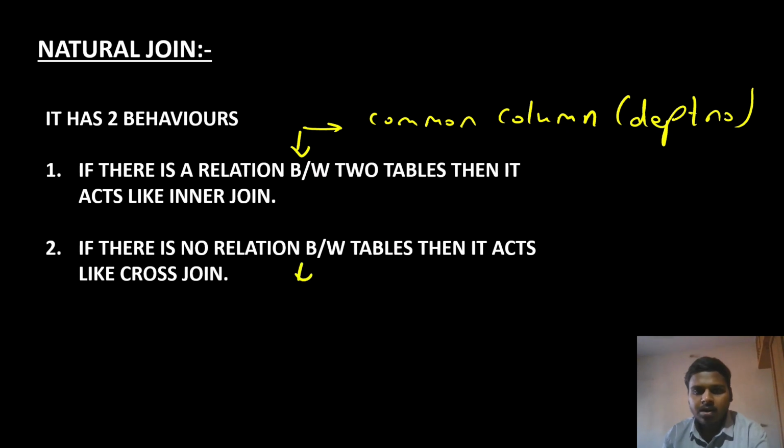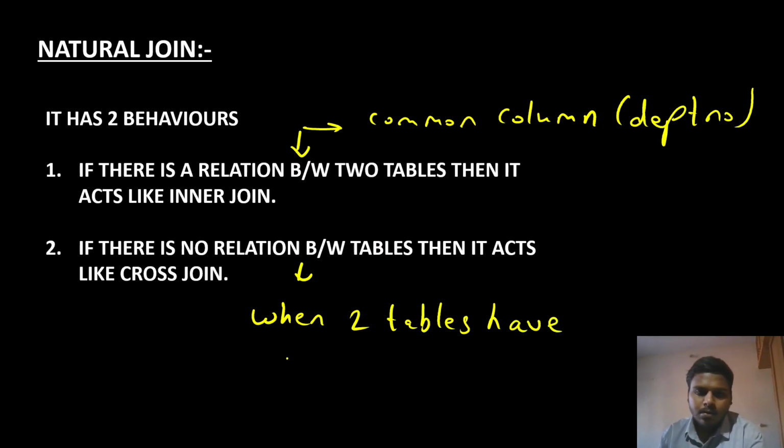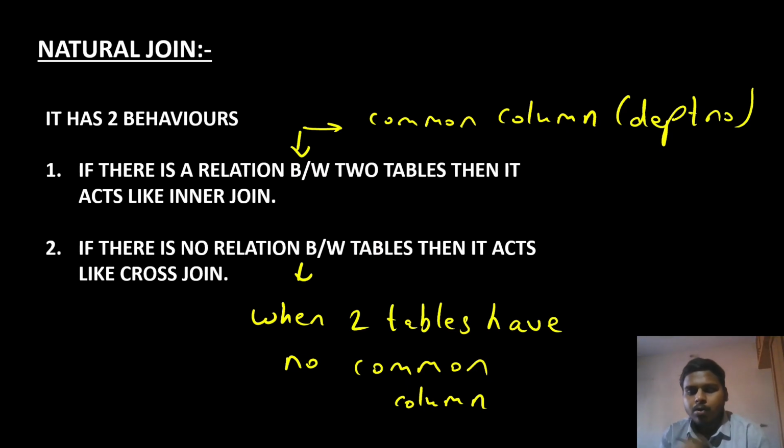When will it happen? When two tables have no common column, meaning both tables don't have any relation, then all possible combinations we can see.